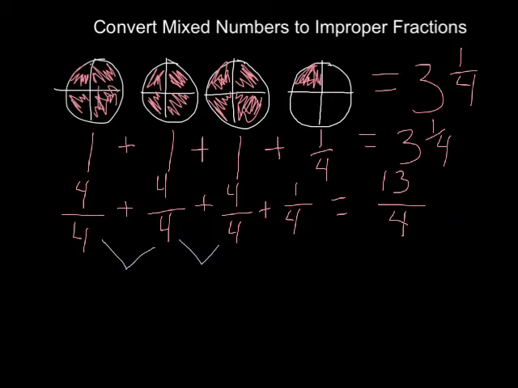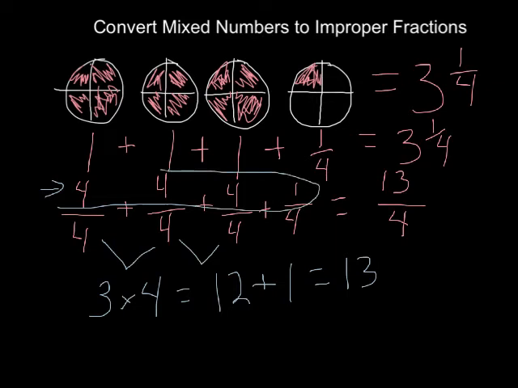If I have 4 3 times, I could also do 3 times 4, and then we would get 12, and then we would add 1 from that one last piece left to get 13. And what we were just working with were the numerators. Since they were all in fourths, we had 13/4 left.